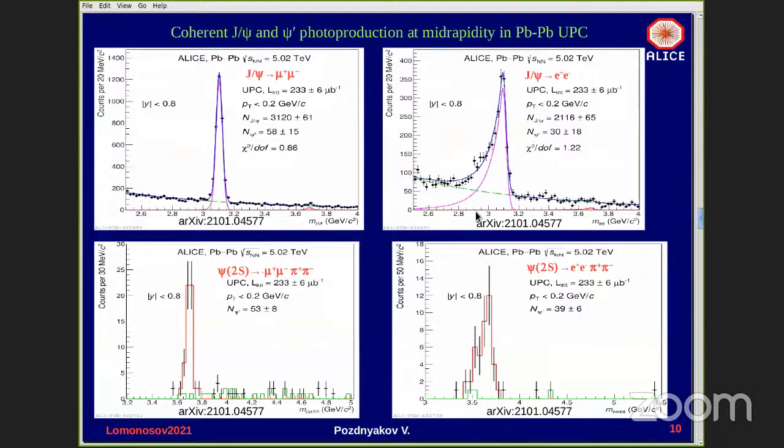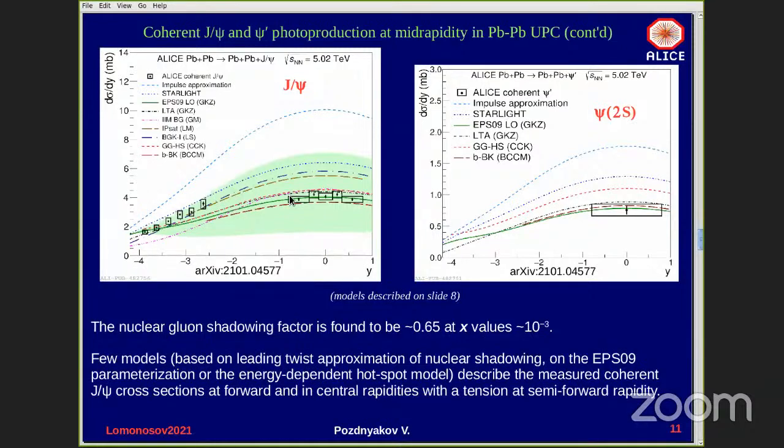Then we made the same study for J/psi and Psi prime photoproduction at mid rapidity in the barrel, in the small rapidity domain. Also, you see very nice J/psi in both modes, muons and electrons, and we see a not negligible sample of Psi prime in 2 and 4 prong. And we add this measurement to what I showed on previous slides. So it's a forward measurement of J/psi photoproduction, and it's the barrel.